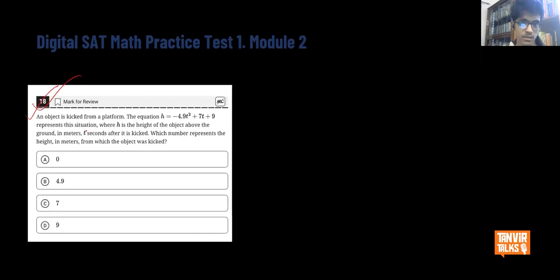Okay, 18 number কি বলছে যে object is kicked from a platform, the equation h is equal to 4.9 t square plus 7t plus 9 represents this situation where h is the height of the object above the ground in meters t seconds after it's kicked.